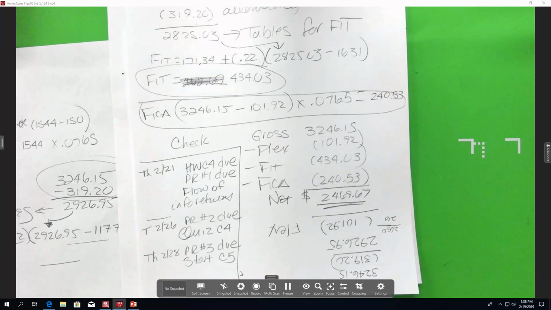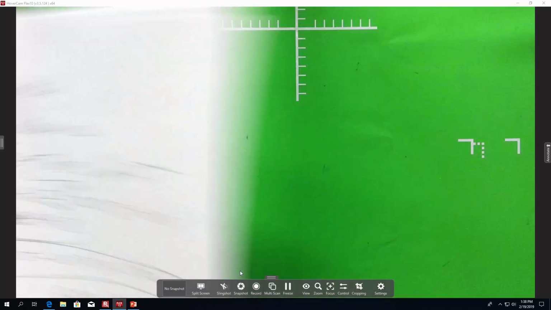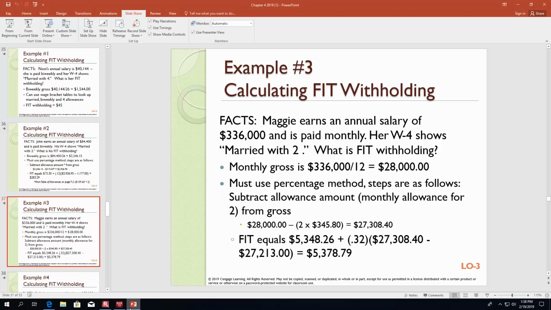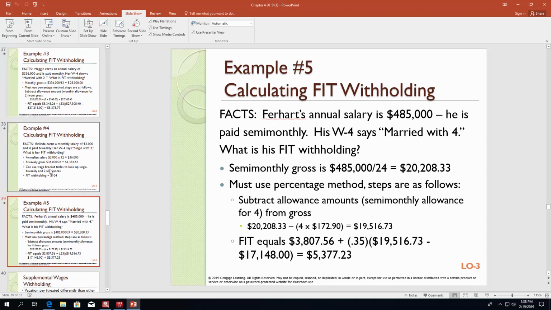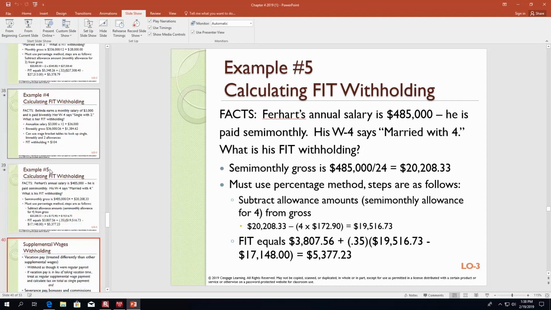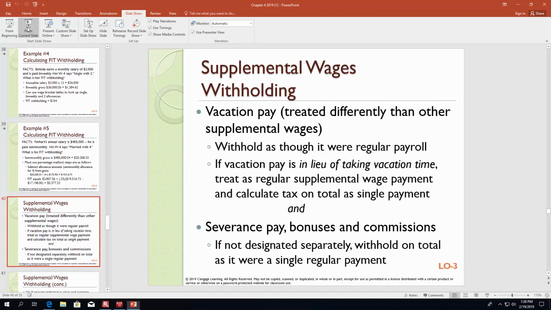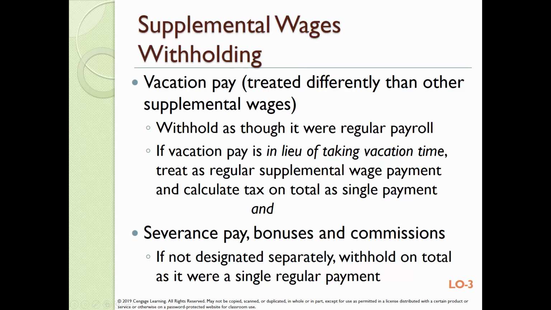Okay, we do have some time. I want to go over one more topic. This is kind of a meaty chapter. Sorry to do this to you all in one. If you want some more practice, there's 2 more here, example 4 and example 5, so you can go practice some more. I do want to talk about supplemental wages.